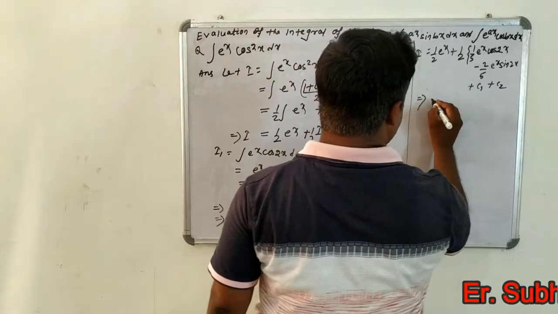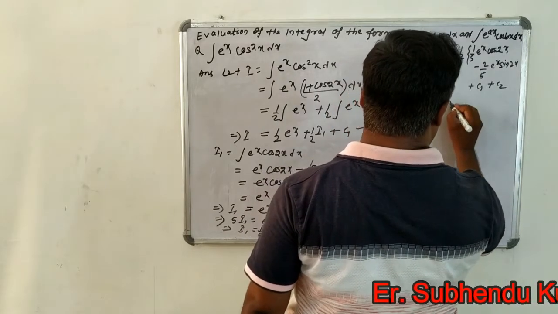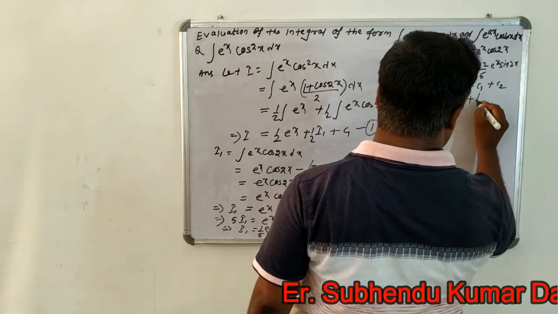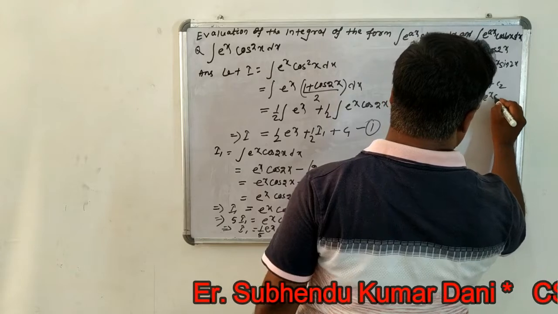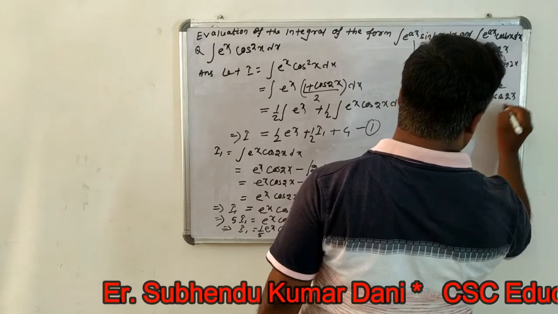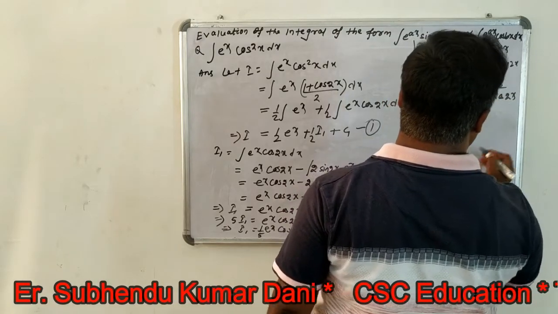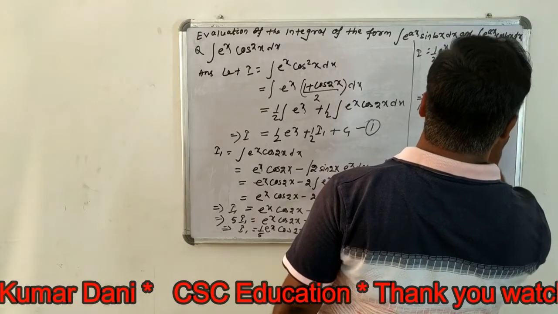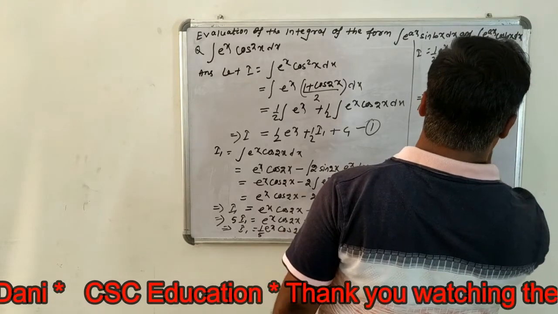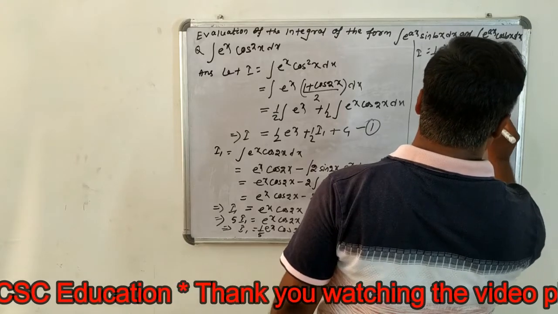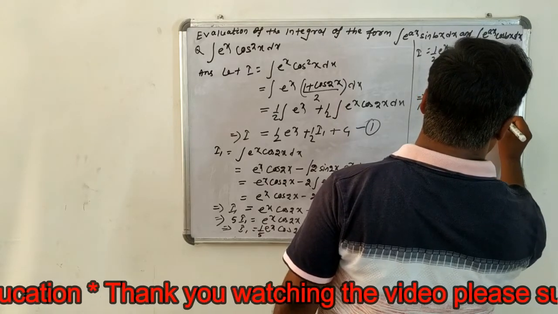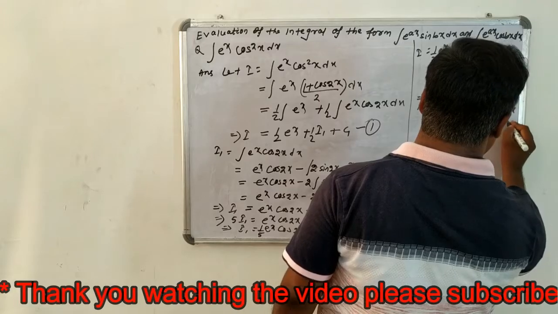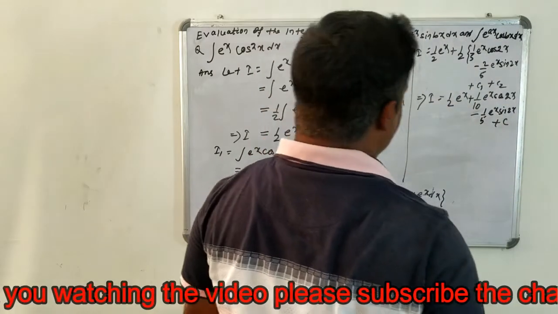This implies I equals half e^x plus 1 by 10 e^x cos 2x minus 1 by 5 e^x sin 2x plus C1 plus C2.